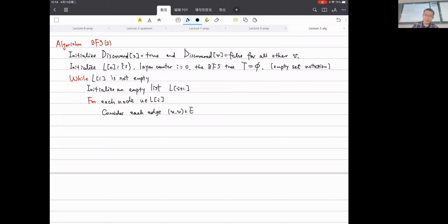So if we want to consider each newly added edge UV that belongs to E, then we consider like this. If discovered V is false, meaning that it has not been discovered before, then we set it to be true.